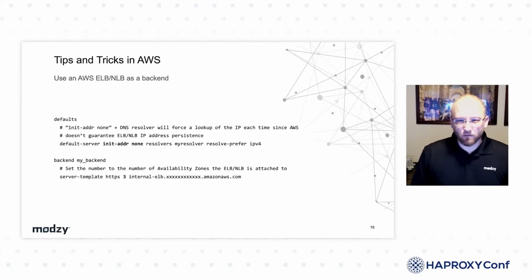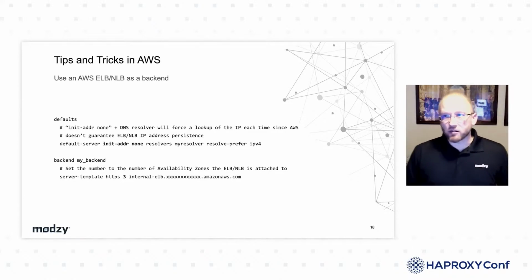This is very non-obvious, but if you deploy your ELB or NLB into multiple availability zones, set the number equal to the number of zones it is in, and then HAProxy will actually talk to all three, and that way you can get high availability for your backend as well.